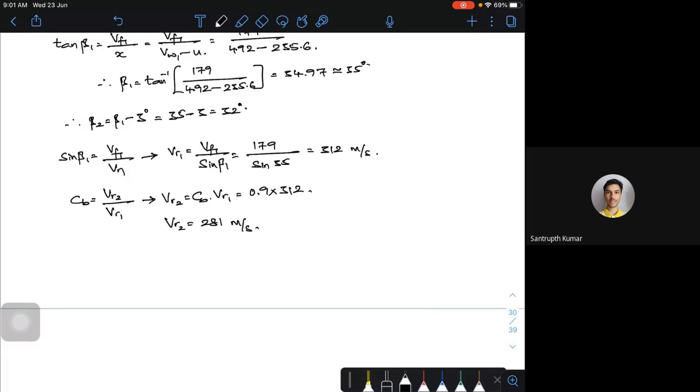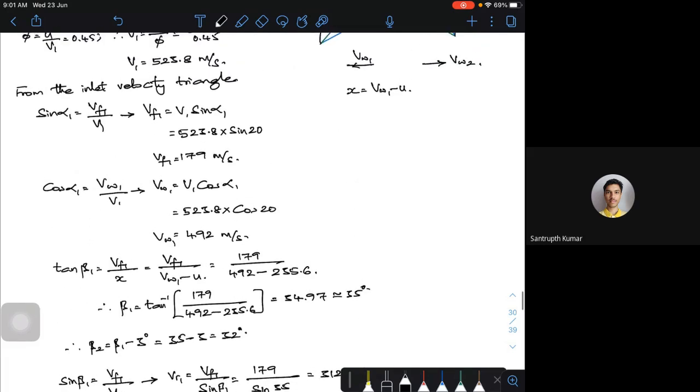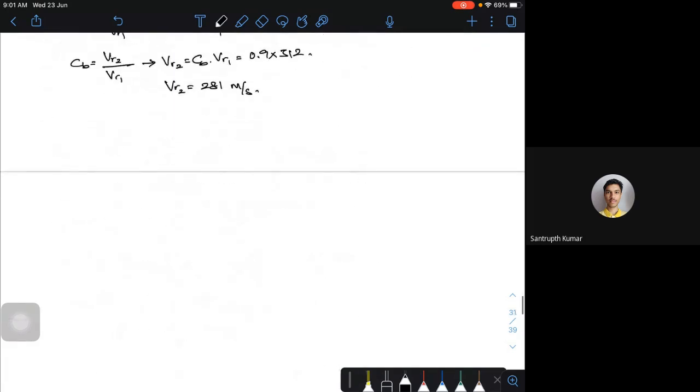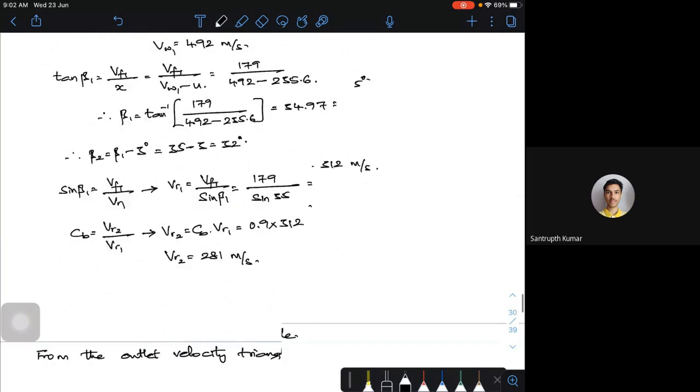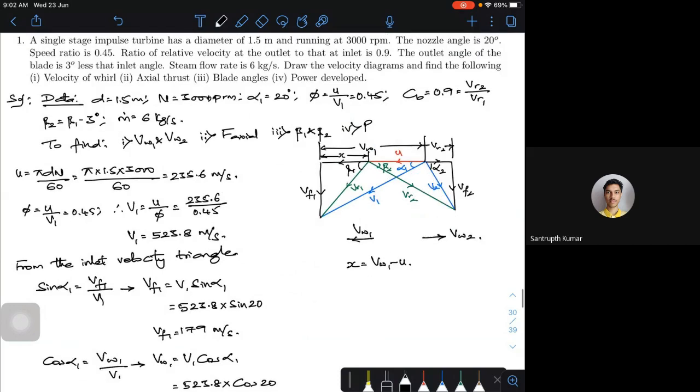This is from all your inlet velocity triangles. Now let us go for the outlet velocity triangle. Let's check what is cos beta 2.